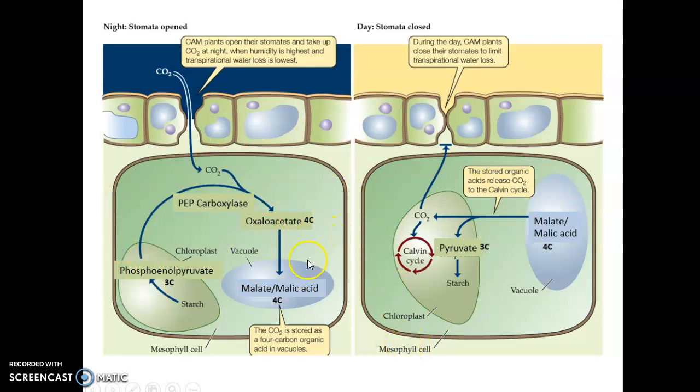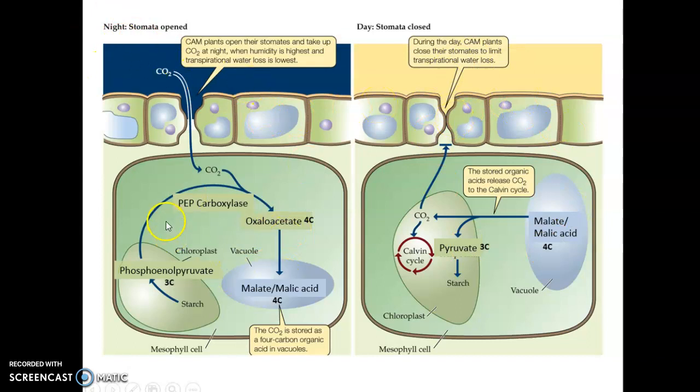Okay, let me explain once more. This is the CAM pathway that occurs in mesophyll cells, involving two carbon fixations which occur in the same cell but at different times. The first occurs at night, the second during the day.